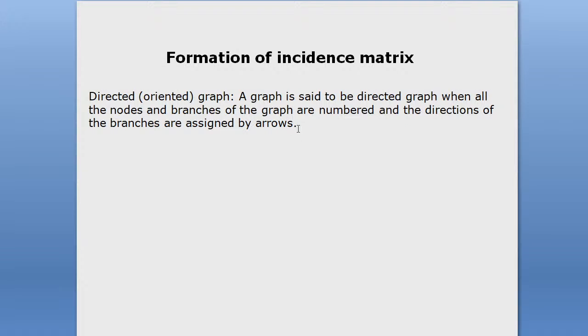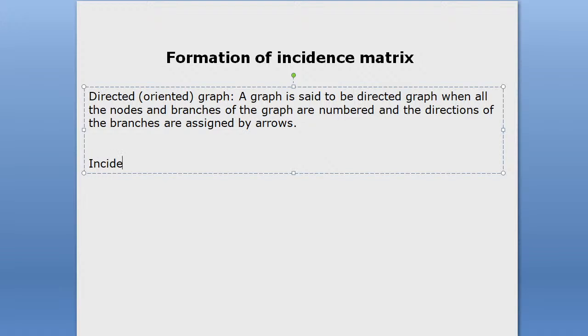Such type of graph is known as a directed graph. If the direction of branches or current direction are not assigned by arrows, then that type of graph is known as an undirected graph.